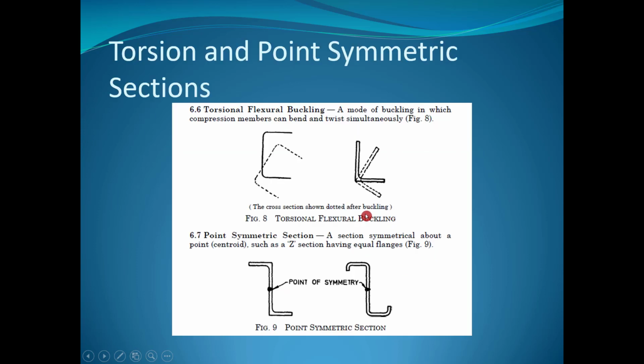There are chances of torsion in point symmetric sections. Torsional flexural buckling is all about the rotation of the cross section. It is a mode of buckling in which compression members can bend and twist simultaneously.